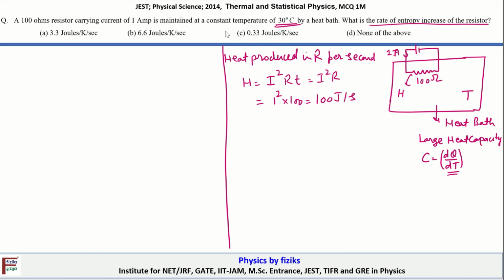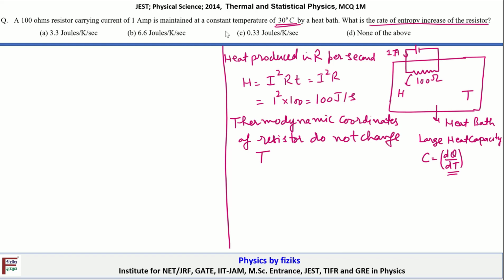So that means the thermodynamic coordinates of the resistor do not change. So that means temperature doesn't change. So for the resistor, delta T is equal to 0, temperature is constant.